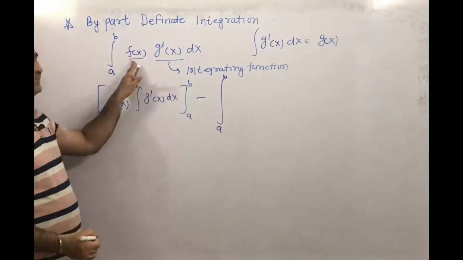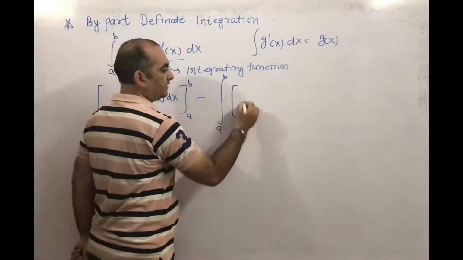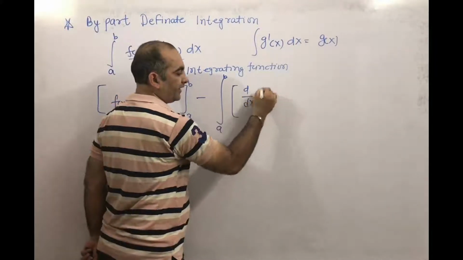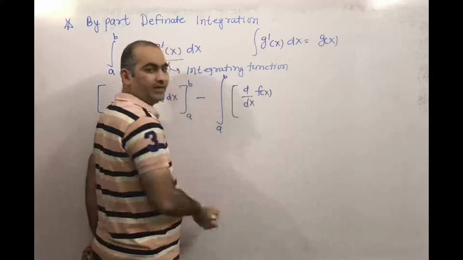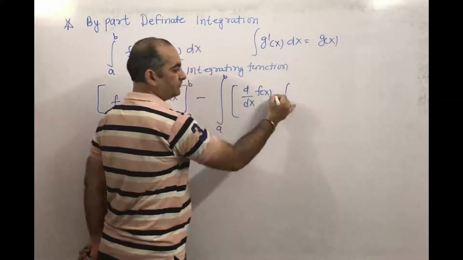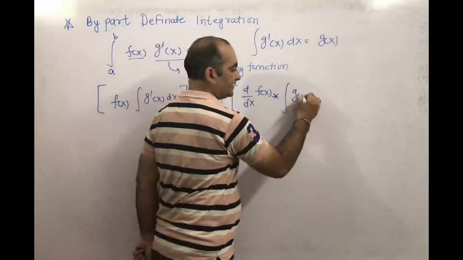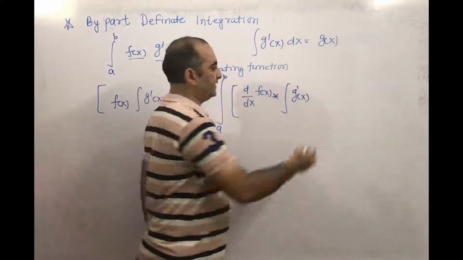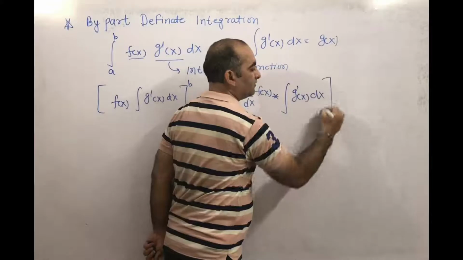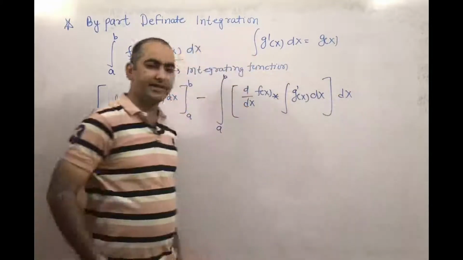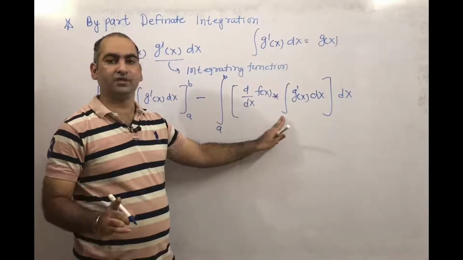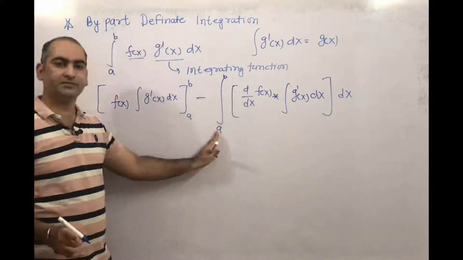Then we will differentiate f(x). So in brackets, d by dx of f(x) into integration of g'(x) dx, and outside will be dx. You can see here we are not applying the limit inside. The limit is applied here only, correct?